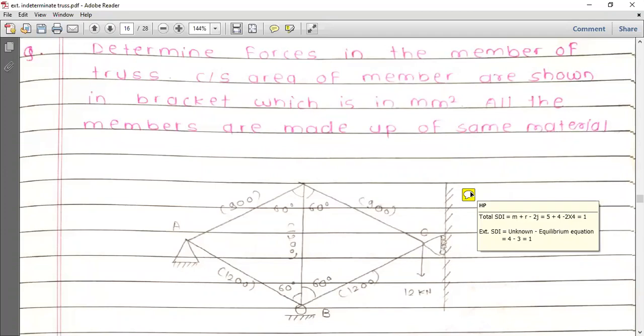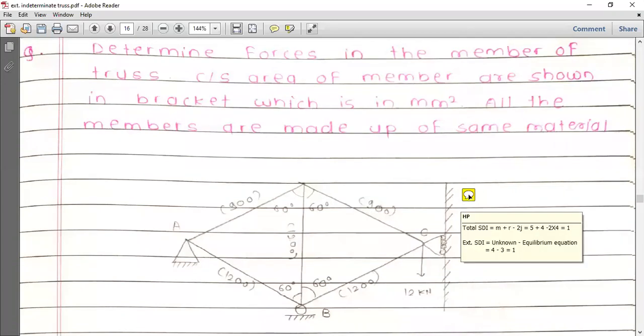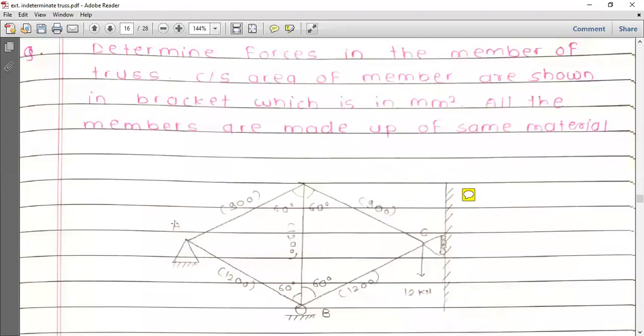So, here the number of members are 1, 2, 3, 4, and 5. There are 5 members, and then the number of reactive components. Here there is a hinge support, so 2 reactive components. For the roller support, a single reactive component. Again for this roller support, a single reactive component.